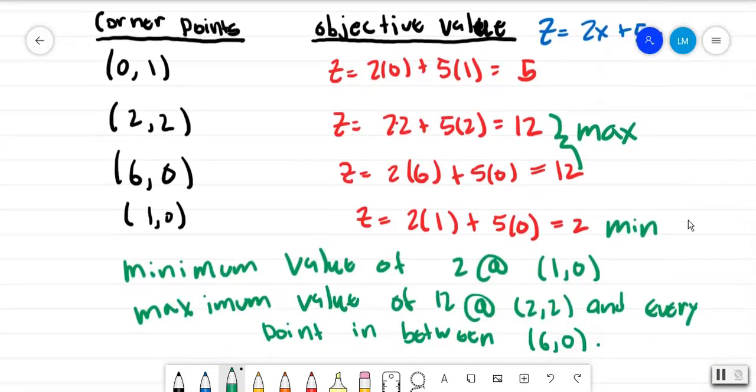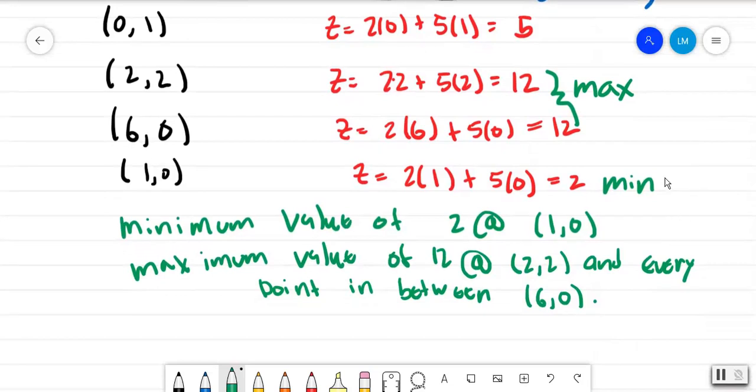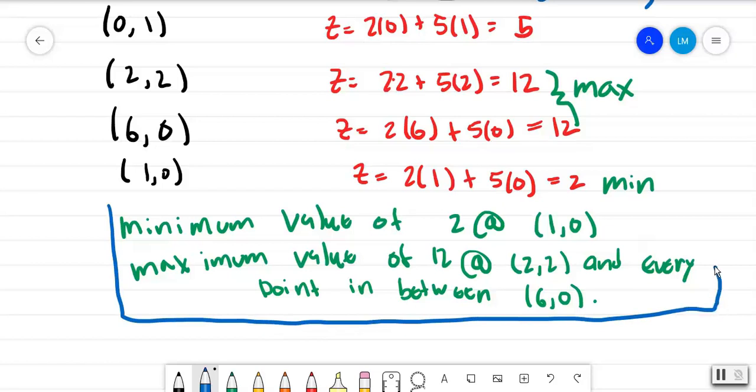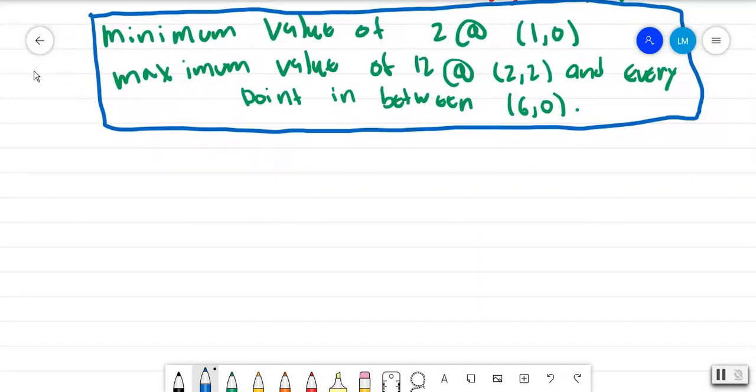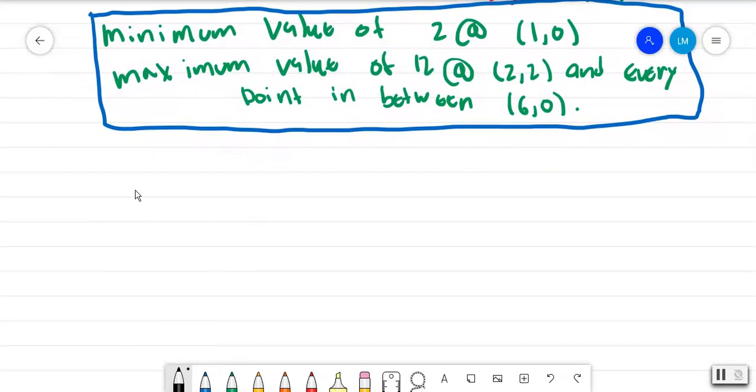When you get into more questions that ask about maximums and minimums, it's going to be very specific. So just be sure that you look at the different examples in the chapter.